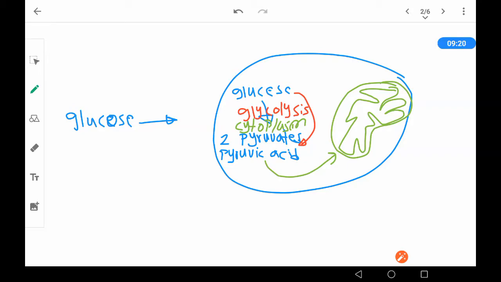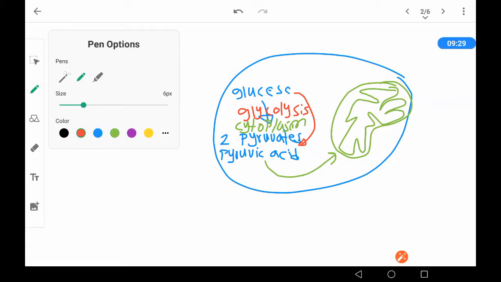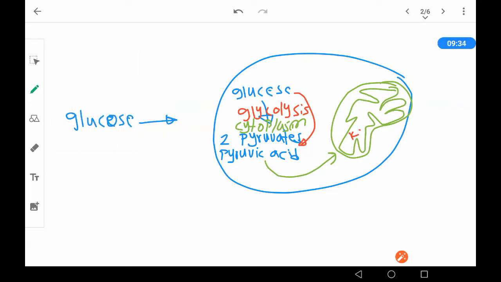The first stage of cellular respiration we call the Krebs cycle. I will write KC, it means Krebs cycle. The Krebs cycle takes place inside the matrix, we said that. This is the first stage of cellular respiration, in which we need oxygen.